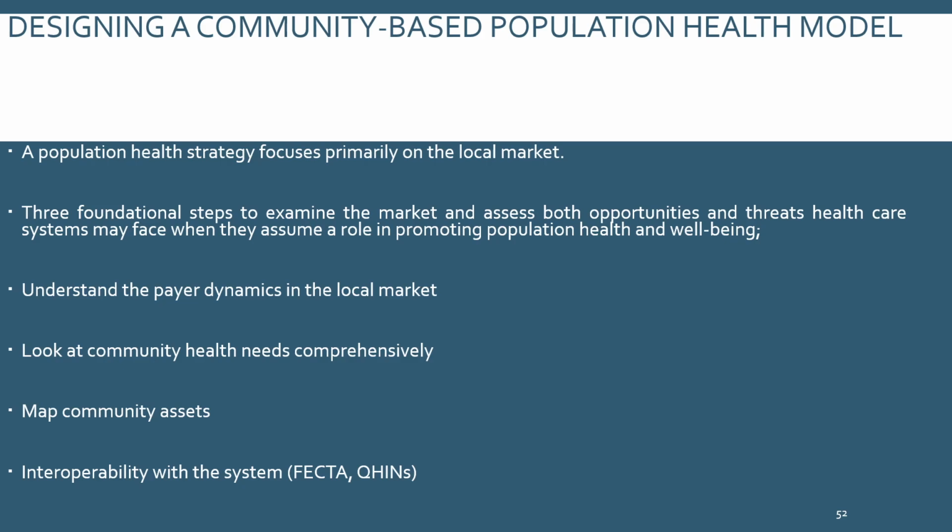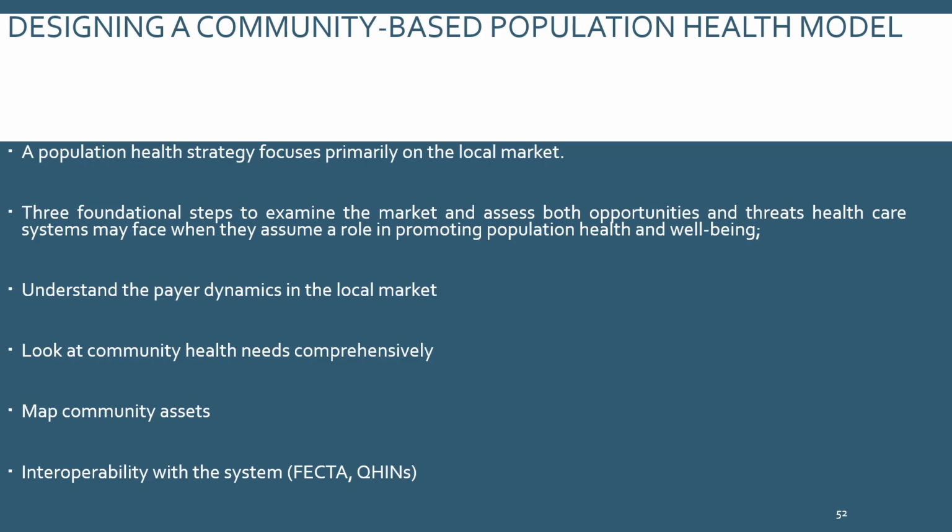And if we want to design a community-based health information model, then it has to be a strategy that is focused primarily on the local market or that community, and it has three foundational steps: look into the market and assess both opportunities and threats that the health system might be facing.